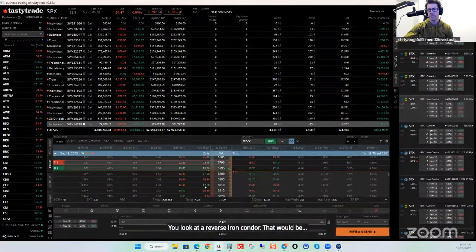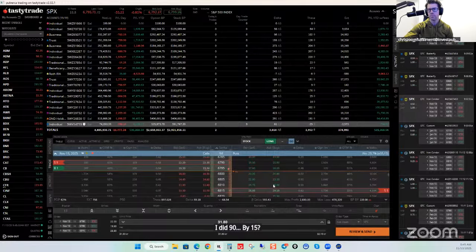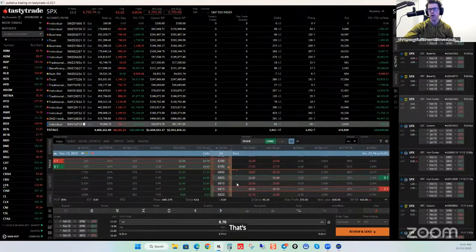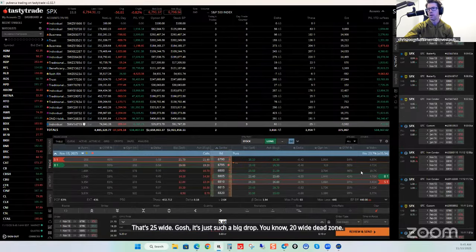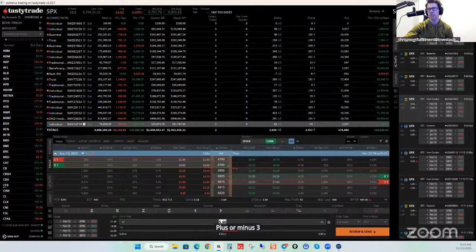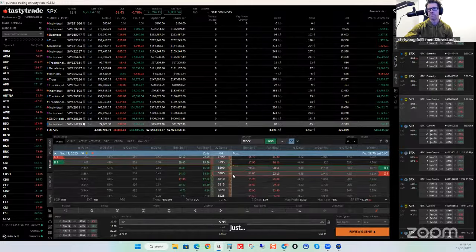I did 90 by 15. That's 25 wide. Gosh, it's just such a big drop. 20 wide dead zone, plus or minus 35 in the day. VIX is elevated. You're only getting 560, 565. Just not a great trade.